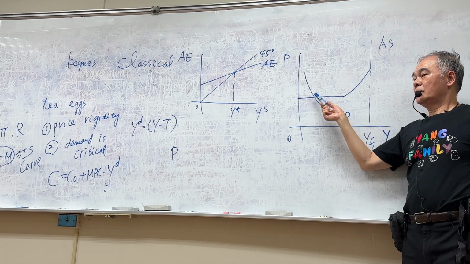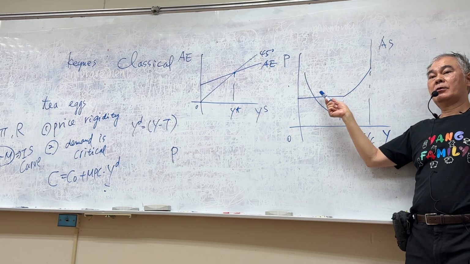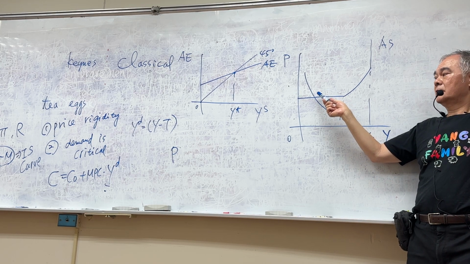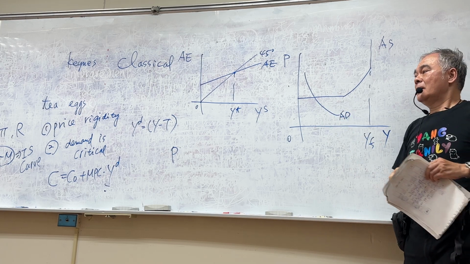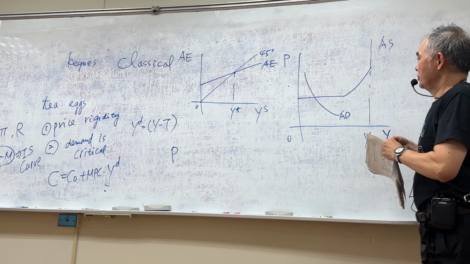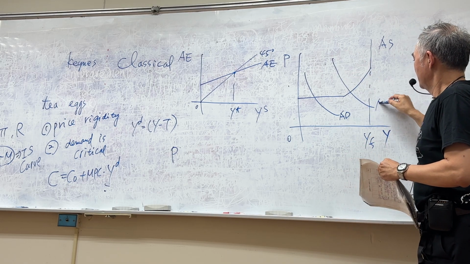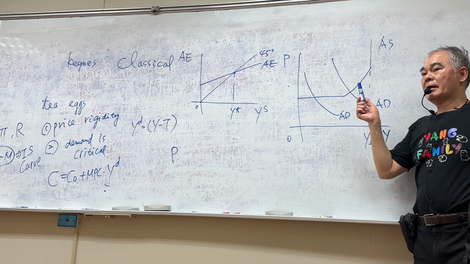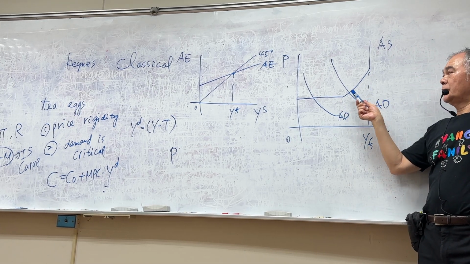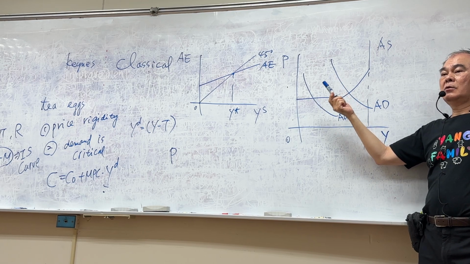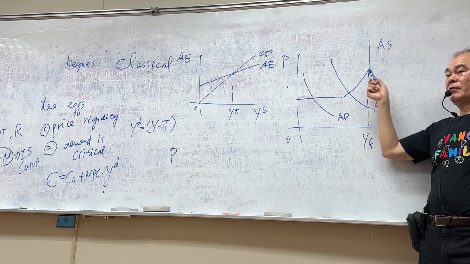So an increase in demand will increase income, but have no effect on the price level, okay? But we know that this is a special case. So usually what we have is here. So generally, when we draw aggregate demand and aggregate supply, we forget about this part because generally it won't be there. And so it's something like this.